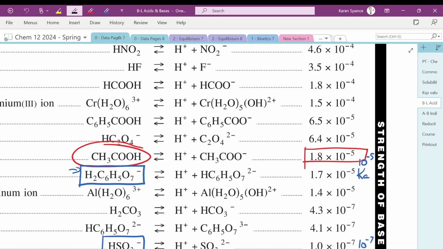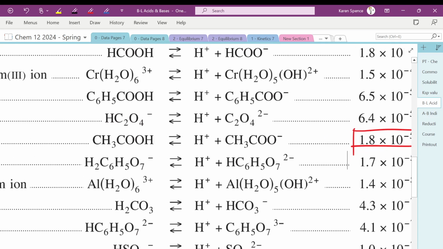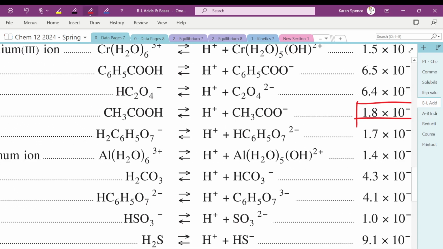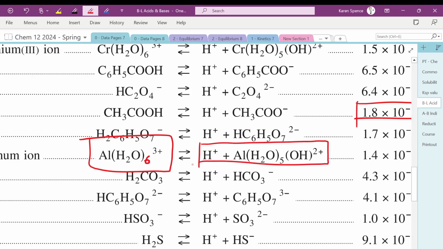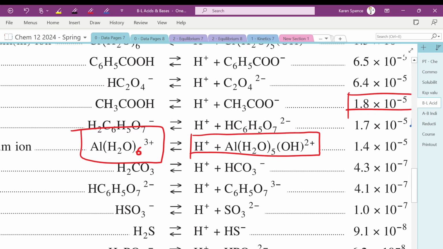Let's see what we can find on our data pages. Look what we have right here. We have 6 waters attached to an aluminum. If you don't know how to write a dissociation equation, it doesn't matter, because it does it for you. It's not actually as bad as it looks.